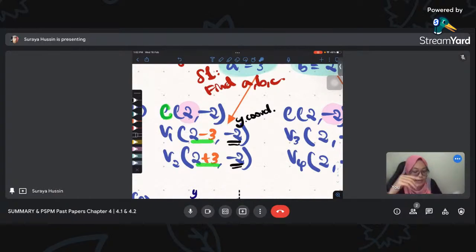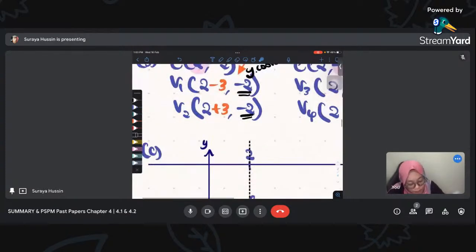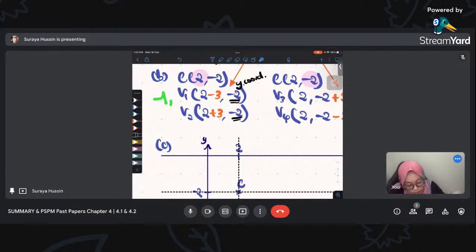Okay, in this case, the X coordinate changes because A is left and right. Our A is either plus A or minus A, always added or subtracted. A is for the X coordinate that changes. So you know it's going to be plus and minus 3. And so you will see, oh this is negative 1 and 2.